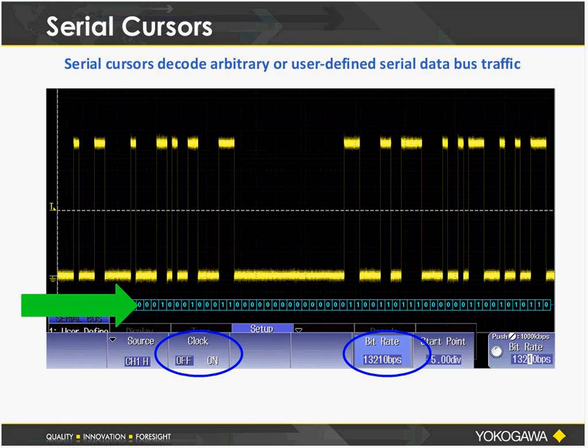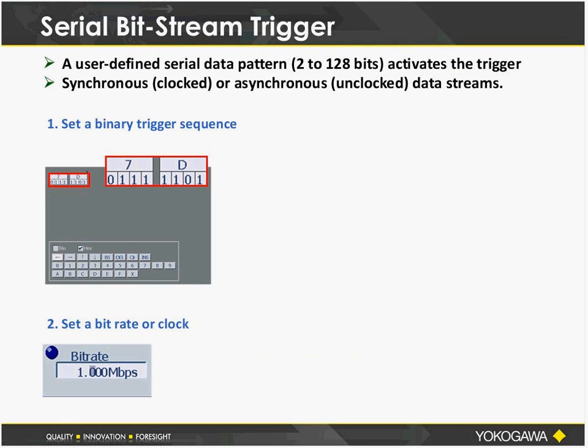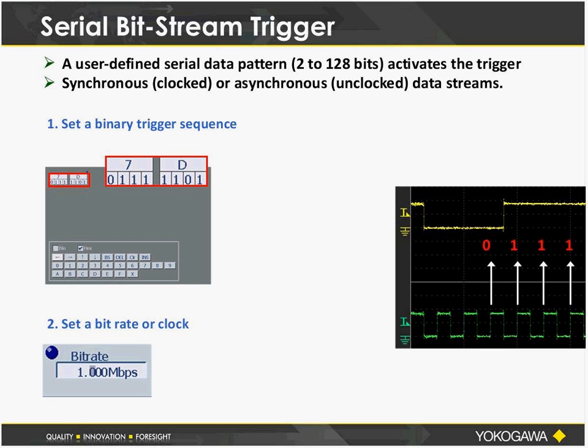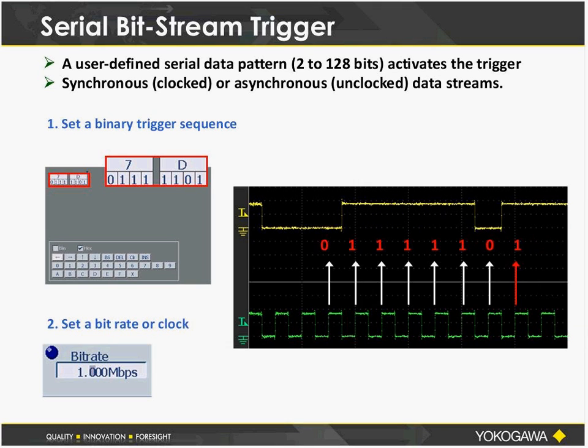Conversely, maybe you are working with digital circuits and you don't want to decode something, but you want to trigger off of a digital bit stream. So this is one of the most advanced types of triggers that Yokogawa does offer. It's a serial bit stream trigger.